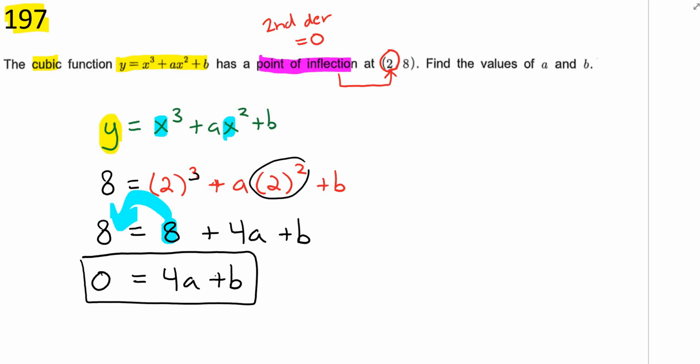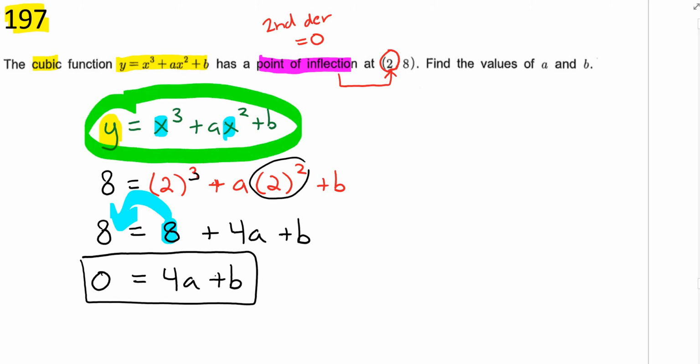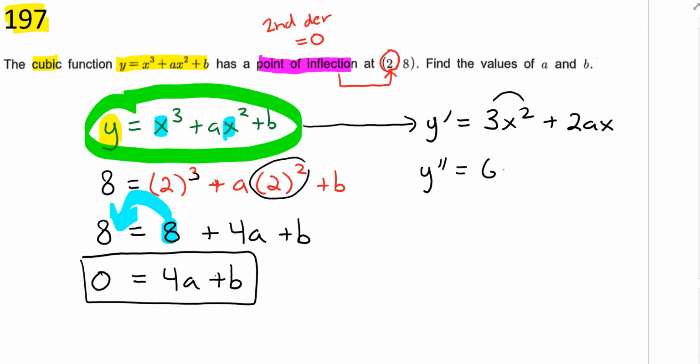So what you need to do now is take your original equation and find the second derivative. So in order to find the second derivative, you have to find the first derivative, which is going to be 3x squared plus 2ax. And then you need to go ahead and find the second derivative, which is going to be 6x plus 2a.